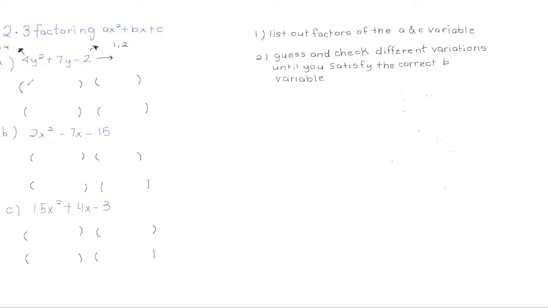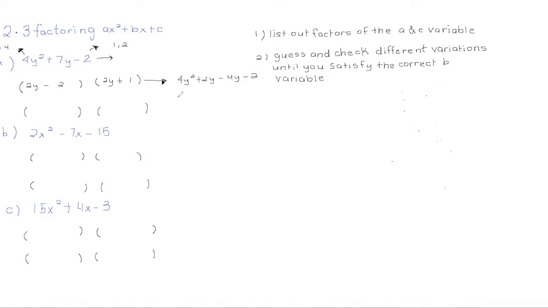So now let's try a different combination of the factors of 4. The first combination we're going to use is 2 times 2. In order to obtain -2, we have to use one positive sign and one negative sign. For the c variable, 2 only has 2 factors, thus we will use 2 and 1. So if we were to multiply this out by foiling, we would obtain 4y squared plus 2y minus 4y minus 2.